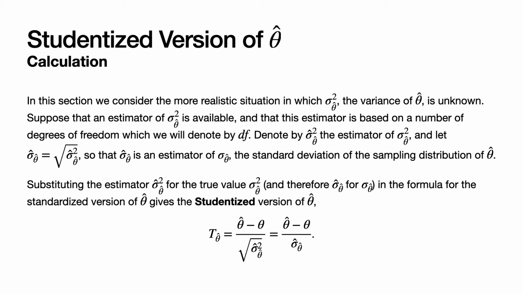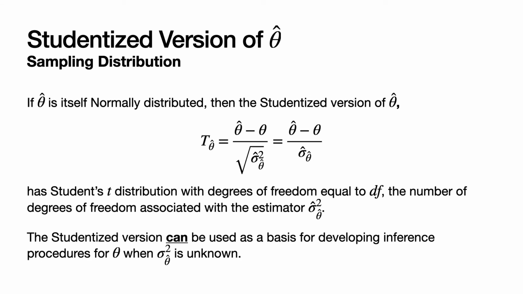We can think of this as just substituting the estimate of the variance of the sampling distribution of theta hat into the formula for the standardized statistic, but now it's called studentized. Now, what is the sampling distribution of the studentized version of theta hat?